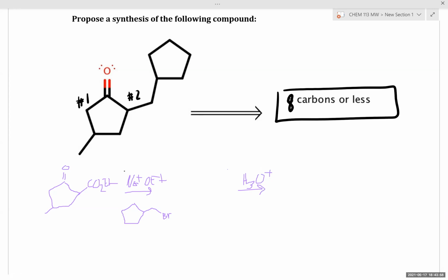H3O plus, and then you usually have to heat it. Yep, perfect. So this planned synthetic route looks perfectly reasonable.